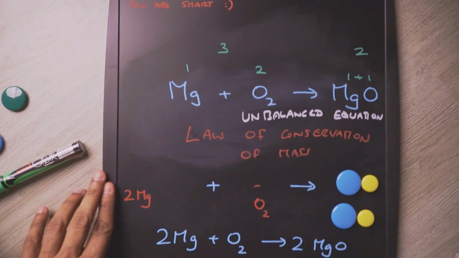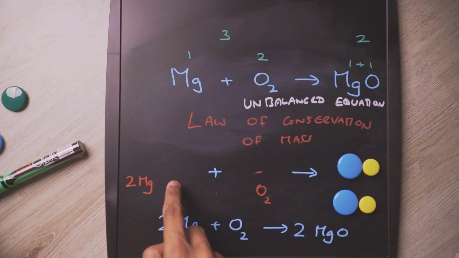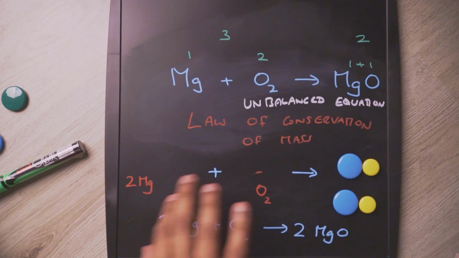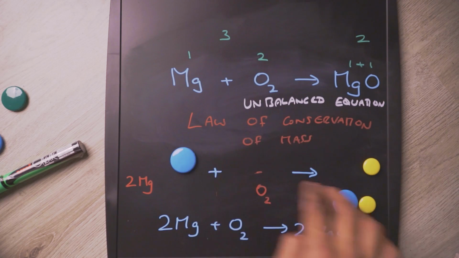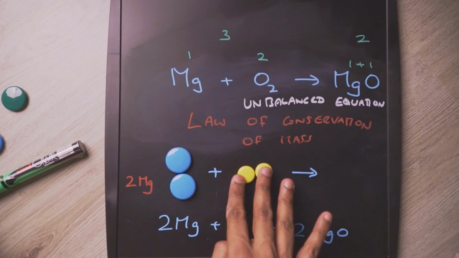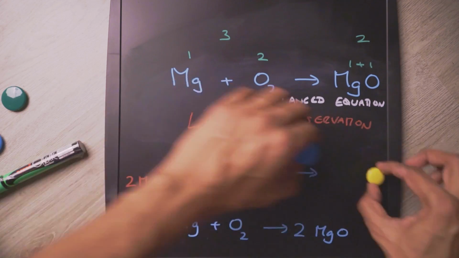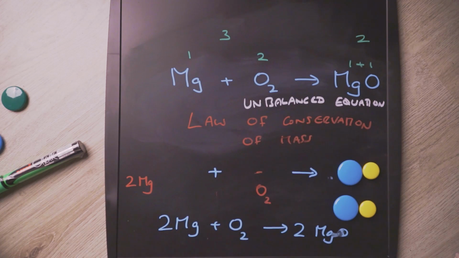Okay, so this equation is now balanced because there are no atoms left on the left hand side, everything has now found a space on the right hand side. So 2Mg plus a single O2 molecule can create 2 MgO compounds. So this is now what we call a balanced equation.